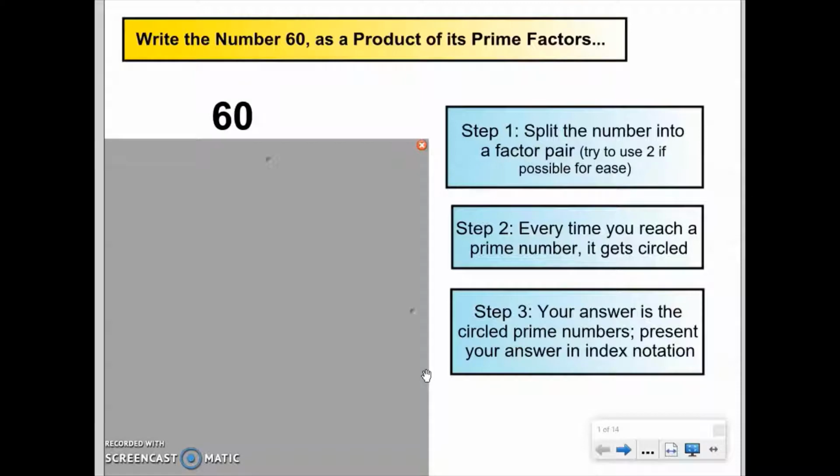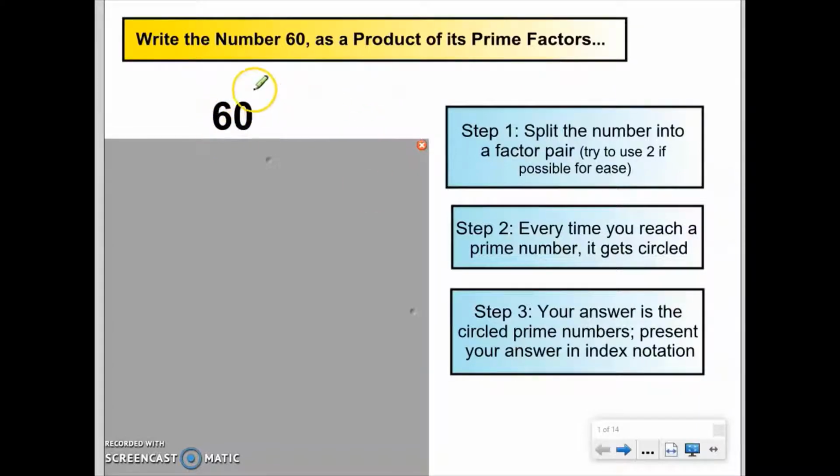So what we're trying to find is a list of prime numbers that multiply together to give us the original number. This becomes very useful in GCSE maths when we're trying to work out things like highest common factor and lowest common multiple.